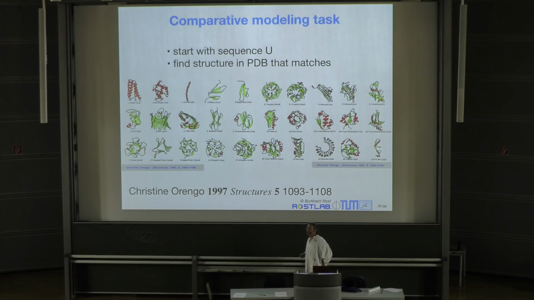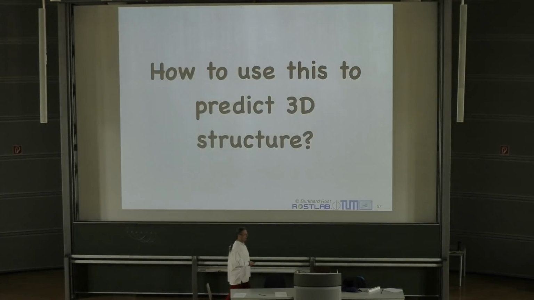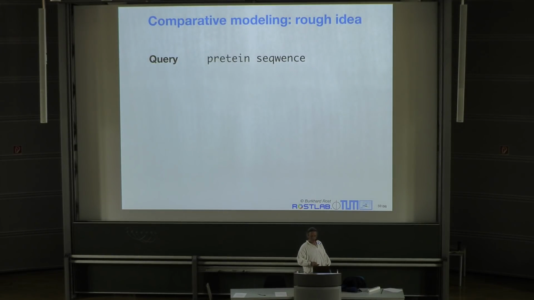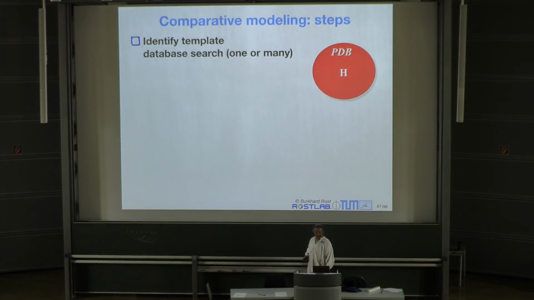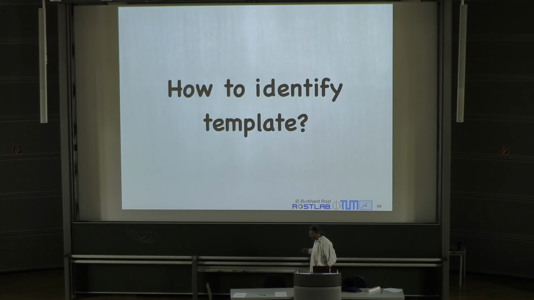One way to think about it is you have this universe of protein structures that is available experimentally, and with your new sequence you try to map them to one of these, and if you can map it, you use that and you predict. So you begin with your sequence, you align them, and then once you have this, how do I identify the template?